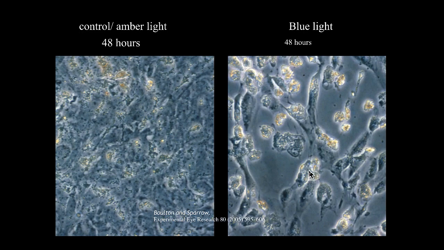Here we have another experiment. Again, isolated lipofuscin granules were used and were fed to human RPE cells in culture, and then these cells were illuminated for 84 hours, either with amber light or with blue light.